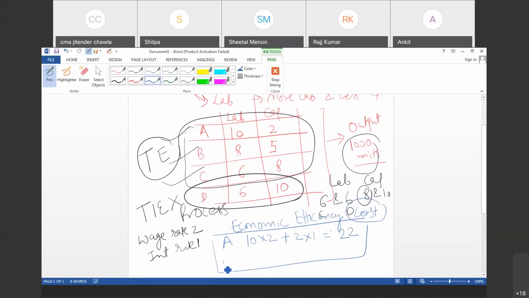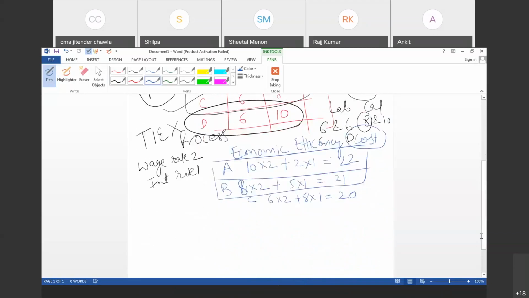Now, consider process B. It is 8 into 2 plus 5 into 1. It is 21 rupees. What about process C? It is 6 into 2 plus 8 into 1. That is 12 plus 8, 20. Now, what is next? Can you tell me which one is economically efficient?